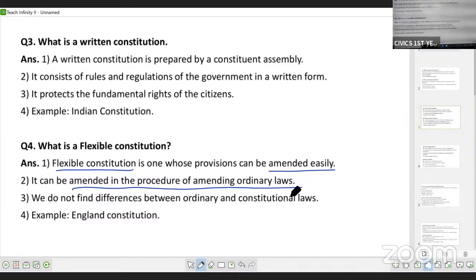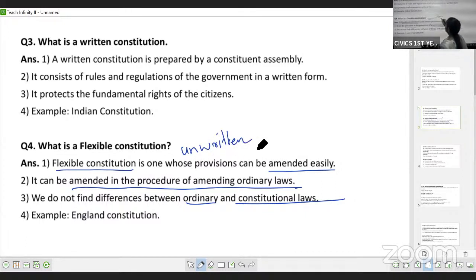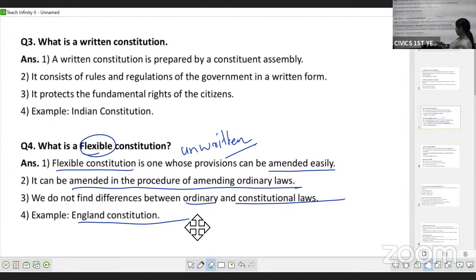In the same procedure, in the same manner, we can amend the constitution. There is no difference between ordinary law and constitutional laws. All unwritten constitutions are flexible in nature. Example, the Constitution of England.